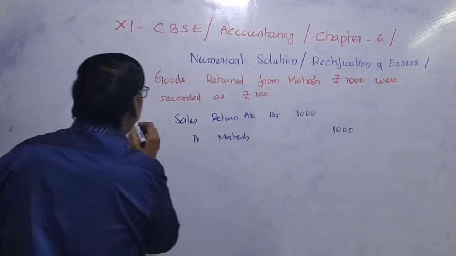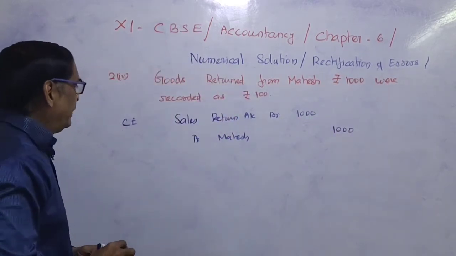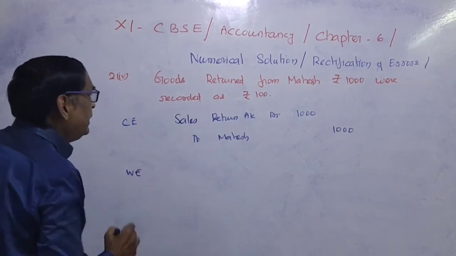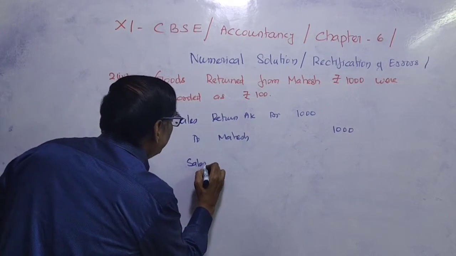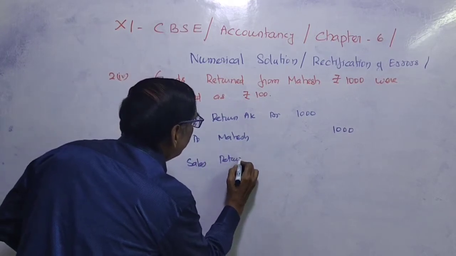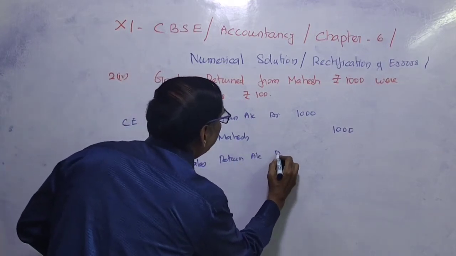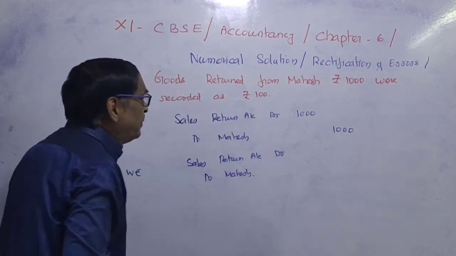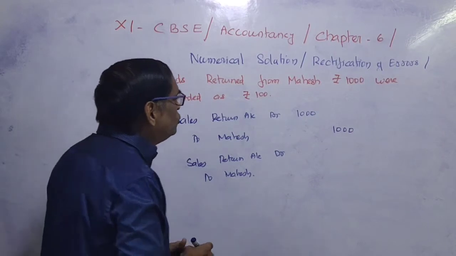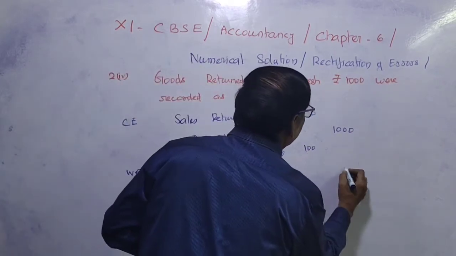It is a correct entry, but we passed a wrong entry. So the wrong entry is sales return account debit to Mahesh, but we mentioned the wrong amount. Instead of 1,000, we mentioned 100 rupees.